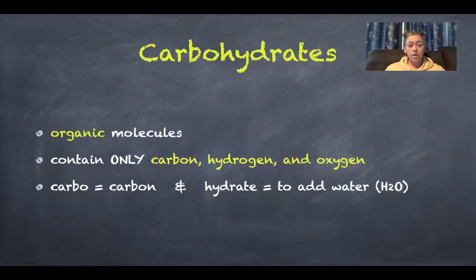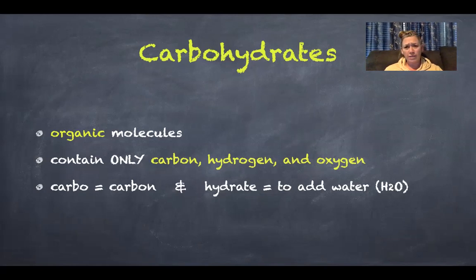Okay. All right, so one of the types of organic molecules that they talk about are carbohydrates. Everybody knows carbs. Carbs are yummy most of the time. If you're trying to lose weight, you don't want to eat too many of these guys. But carbohydrates contain only carbon, hydrogen, and oxygen.